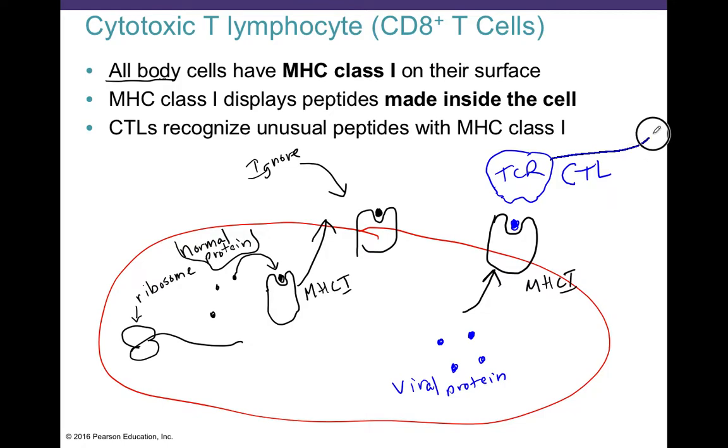That would be bound to that whole T cell. And it now recognizes an unusual protein. Because it's been trained to ignore things that are normal, anytime it sees something unusual, it's going to trigger that cytotoxic T lymphocyte.